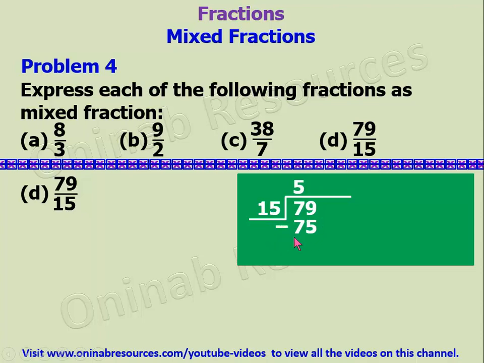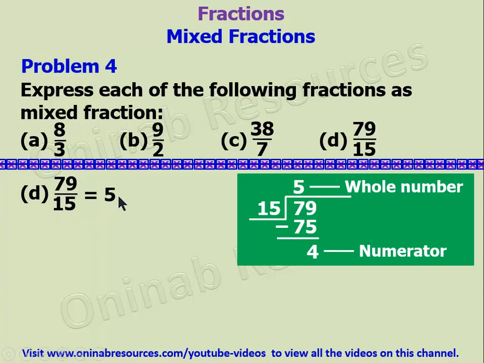Then 79 minus 75 will give us 4. This is the whole number part, and this is the numerator of the new fraction, so that this will still be maintained as the denominator. So 79 over 15 gives 5 whole number 4 over 15.